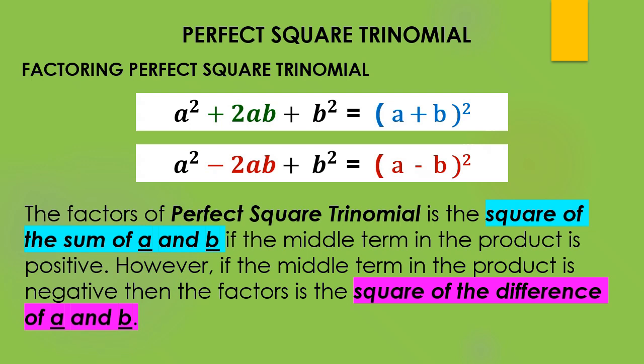However, if the middle term in our product or in the perfect square trinomial is negative, then the factor is the square of the difference of a and b. So there is a difference between the factors of a squared plus 2ab plus b squared and a squared minus 2ab plus b squared.